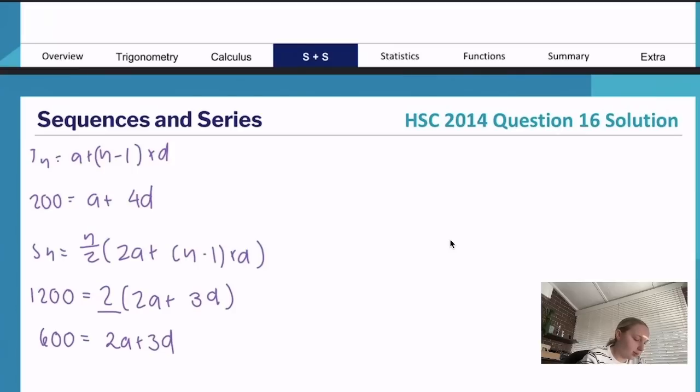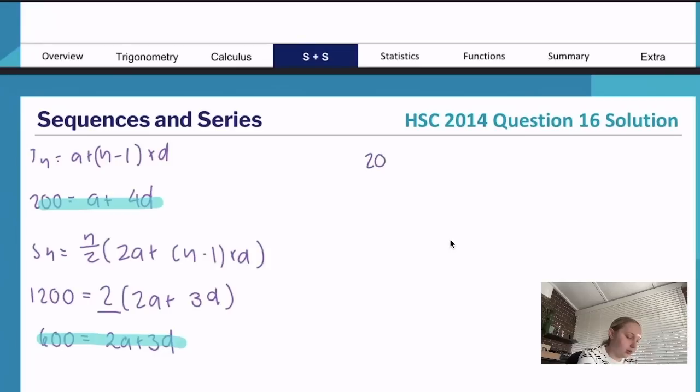Okay, so now we've got these two formulas. What we want to be doing now is thinking about how we can use these two equations to eliminate one of our variables so that we can find the other one.